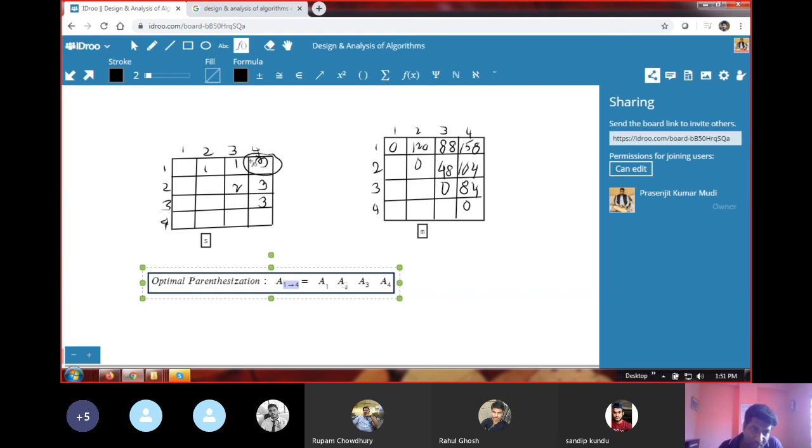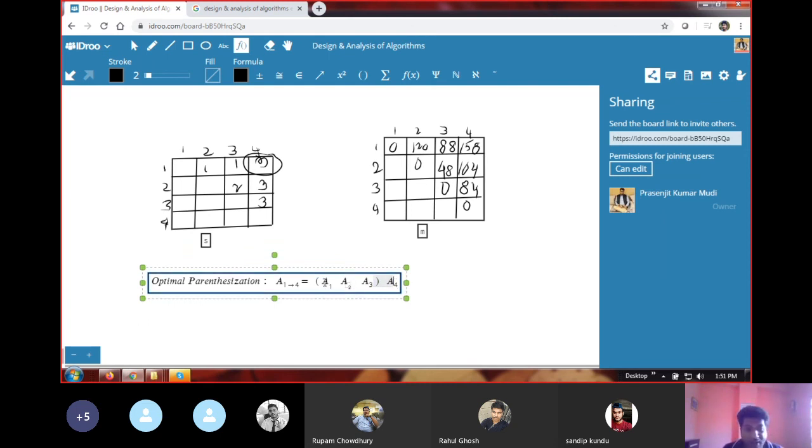This is S1 4, which is 3. So the value of k should be equal to 3, where I should do the splitting. Okay, so this is one subsequence corresponding to k equal to 3, and this is the second subsequence, A4.